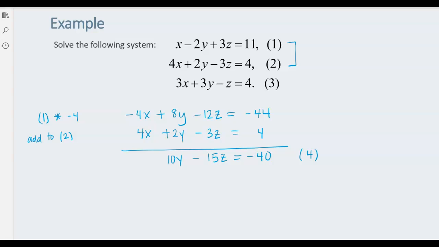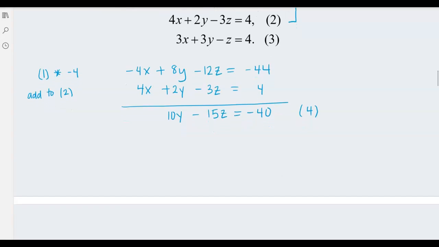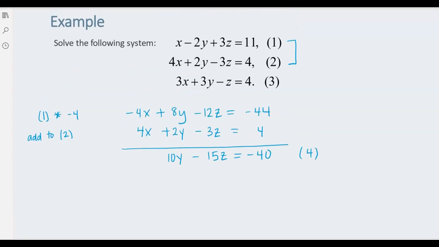I'm going to repeat this process with equations 1 and 3 now. Again, I'm trying to eliminate the same variable, the x. So I want to get a negative 3 in front of that first equation, so that I can add them together and get rid of the x. So this time, equation 1 multiplied by a negative 3.